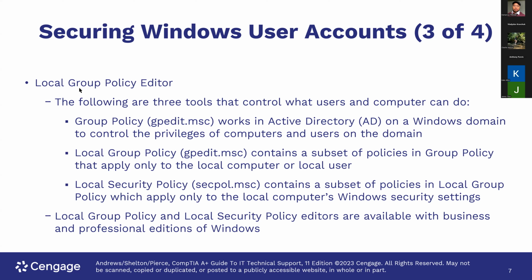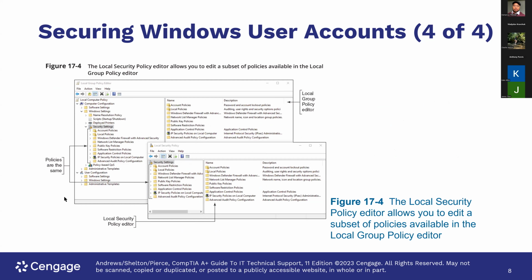And then we have the local group policy editor inside here. We'll have a diagram of this, but it basically says that there are three tools that control what the users and the computer can do: the group policy, local group policy, and then local security policy. The breakdown looks something like what you would see here. You go into the local group policy editor, local security policy, and it's the hierarchy, layers upon layers.